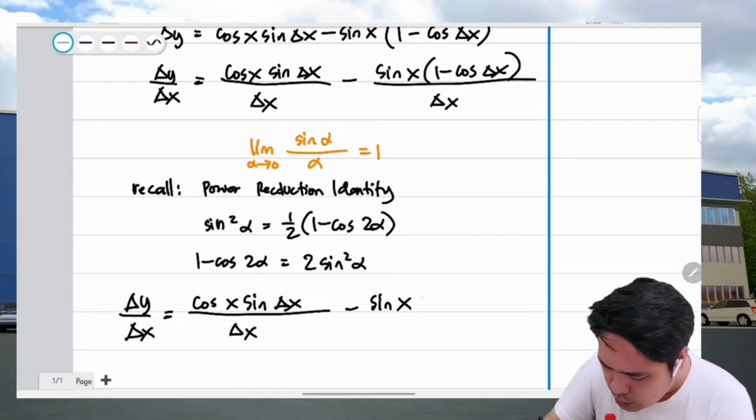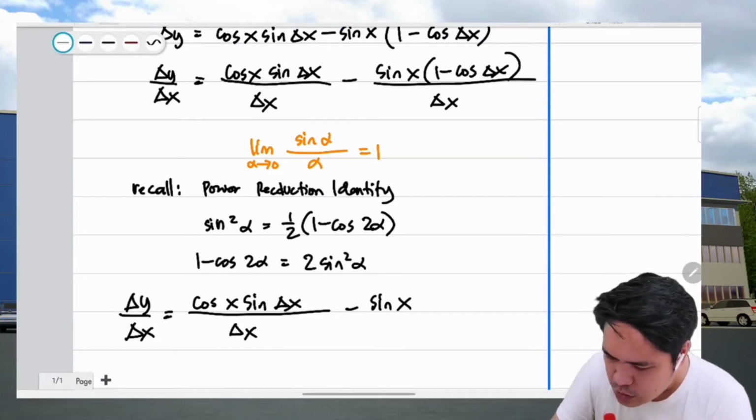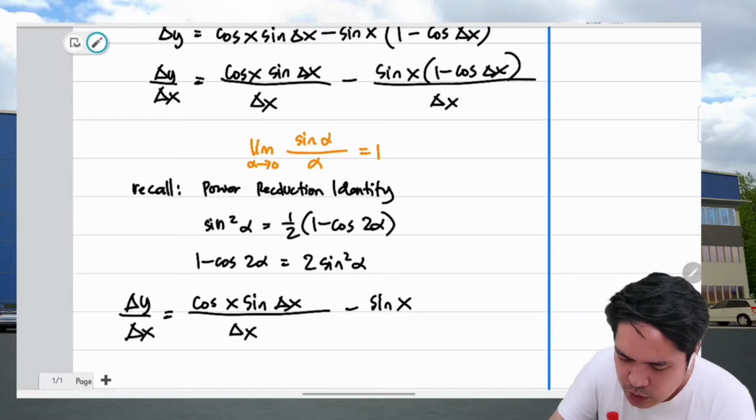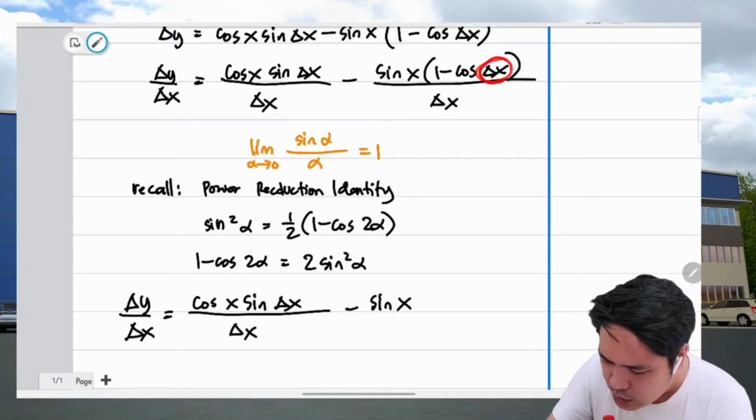minus sine x times... here it is again. This is 2 alpha, so therefore our alpha is half of delta x.